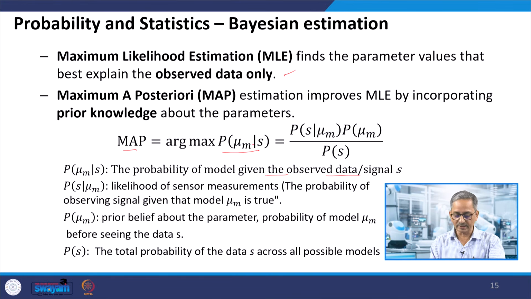Similarly we can define these probabilities: P(s | mu_m) is the likelihood of the sensor measurement, that is the probability of observing the signal given the model mu_m is true, and pi(mu_m) is the prior belief about the parameter, that is the probability of the model mu_m before seeing the data s, and P(s) is the total probability of the data s across all possible models.